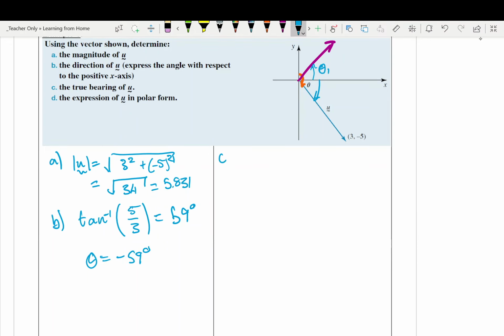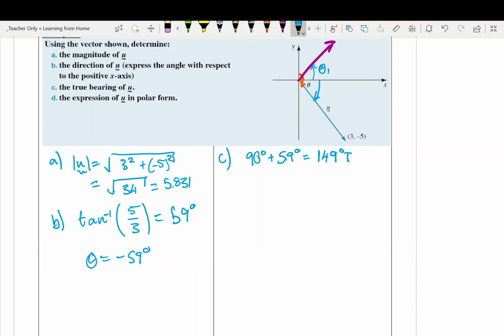If we were to take it from true, so this is the orange angle here, that is going to be 90 degrees plus theta. So 90 degrees plus 59 degrees is going to equal 149 degrees true.